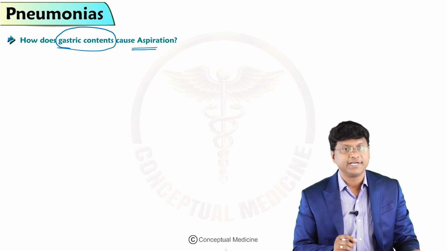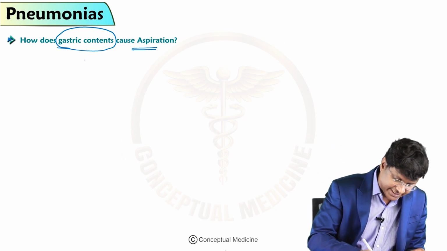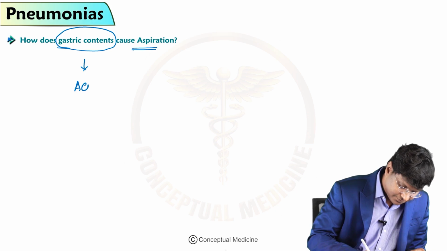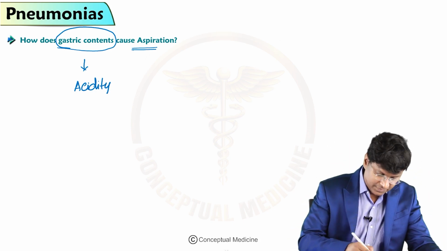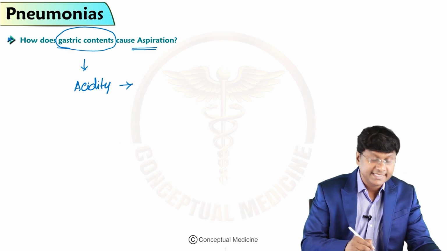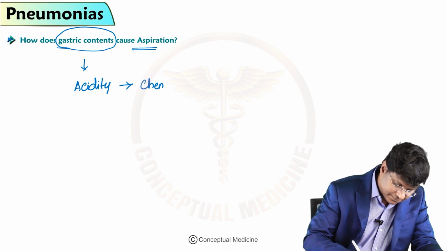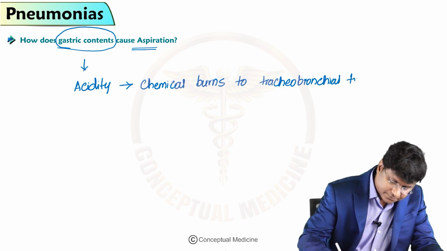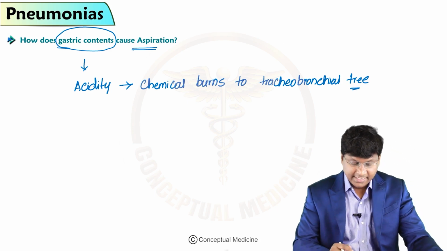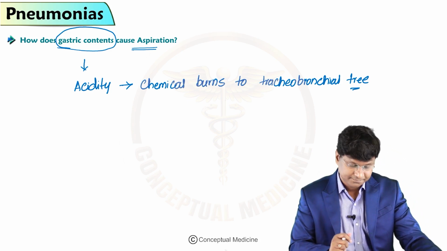So you have to know that the acidity of the gastric contents results in chemical burns to the tracheobronchial tree.